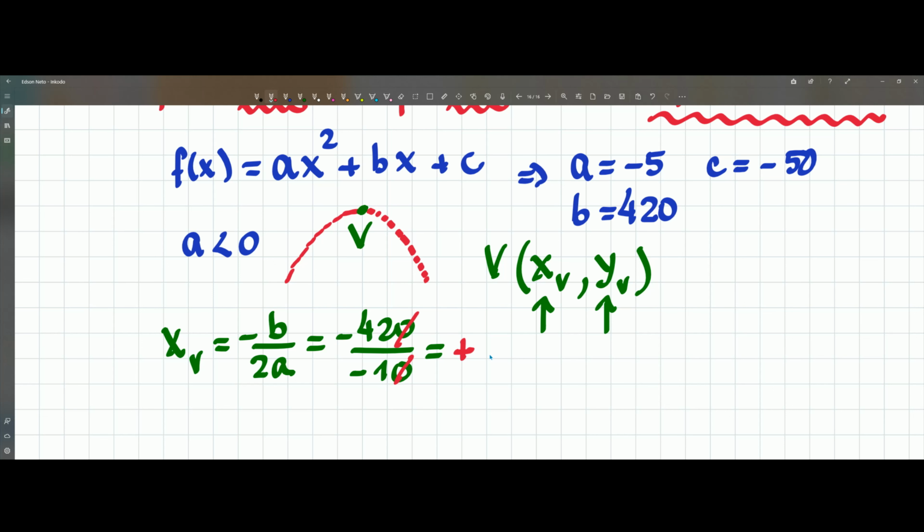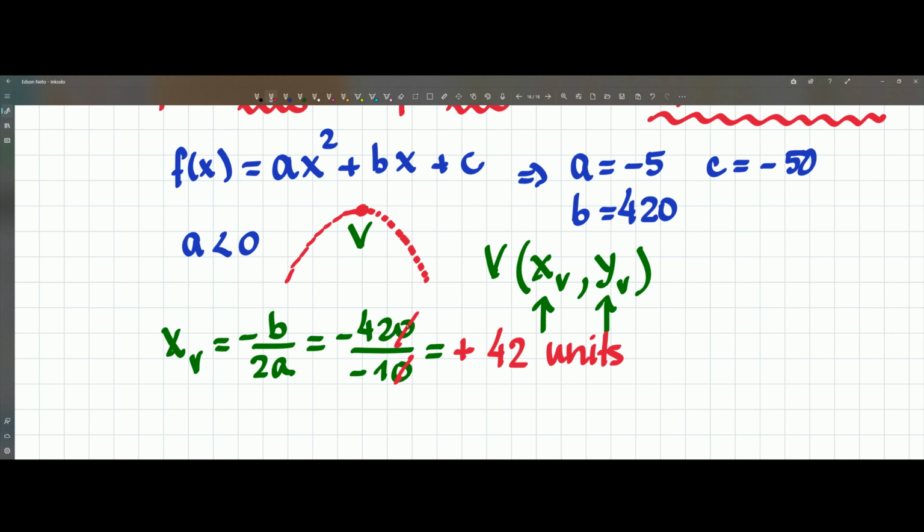In this case, we already have the quantity that maximizes the profit. 42 units of the product. What does that mean? The company needs to sell 42 units of a certain product to maximize its gains, right?